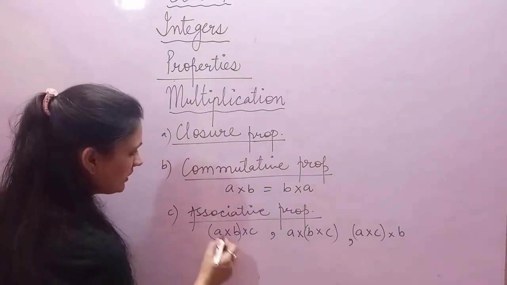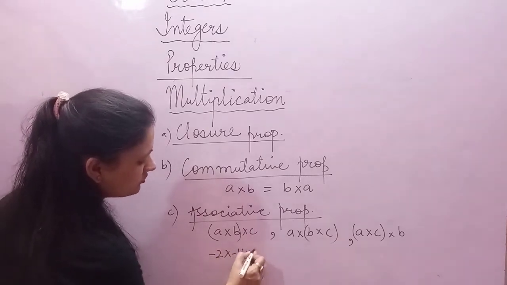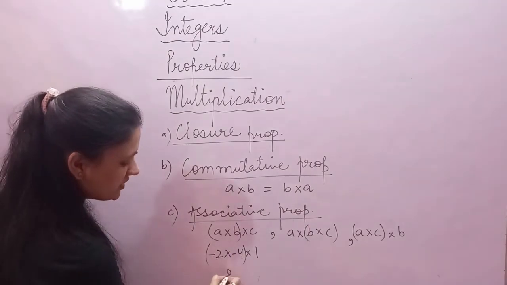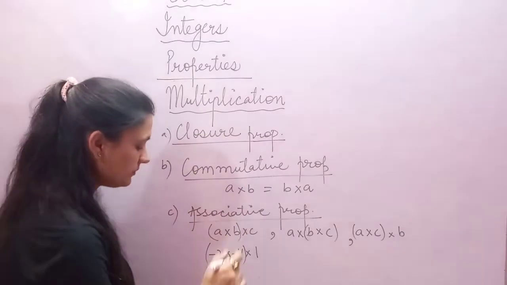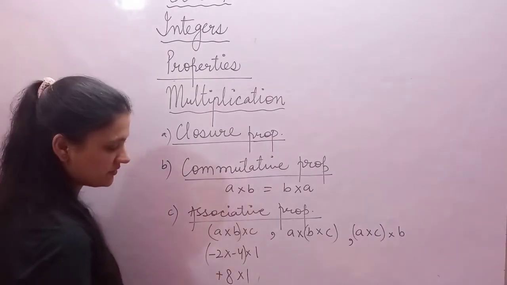Let's check. Let us take the integers -2 into -4 into 1. Here let's multiply this. 4 2s are 8. 2 negative signs means answer plus. Multiply by 1. Answer is 8.